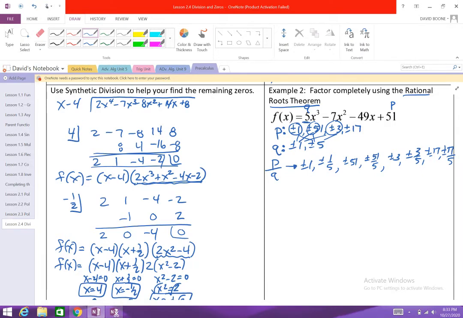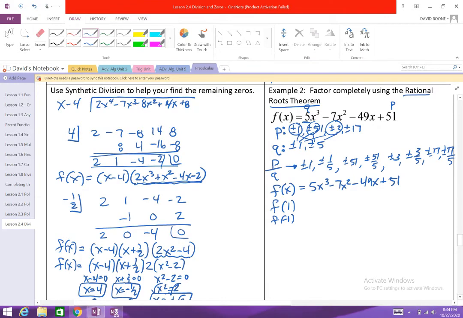Okay? So what you got to do is, again, now you're going to take this f of x equals 5x to the third minus 7x squared minus 49x plus 51. And you're going to start with f of 1, then f of negative 1, etc. Try each and every one.